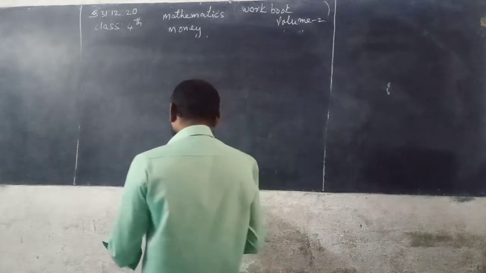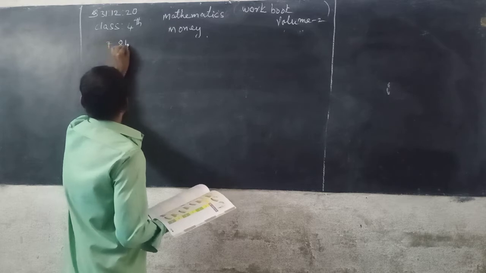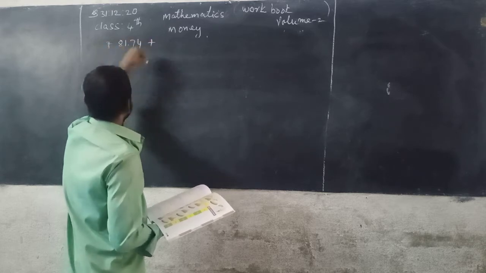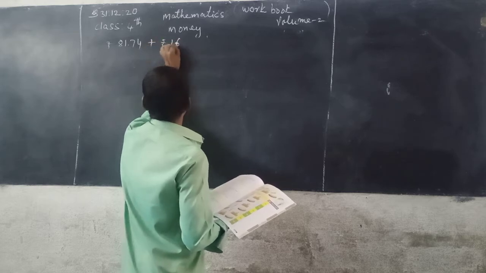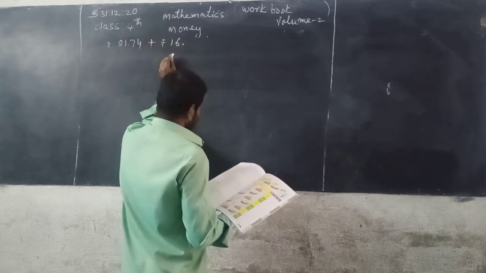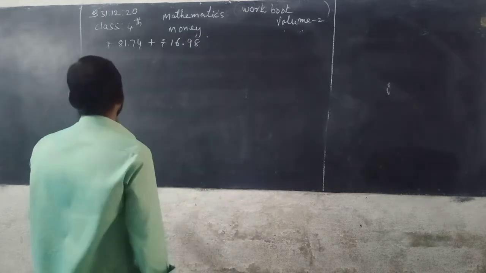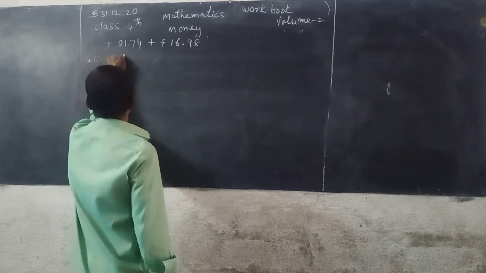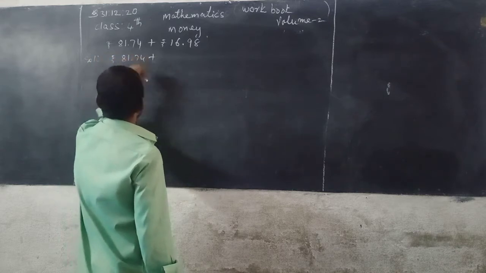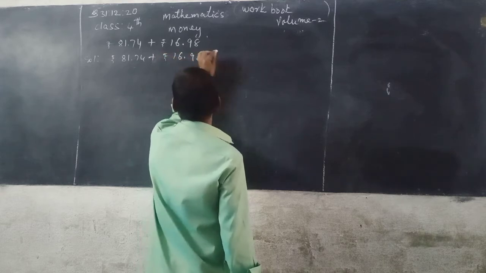Now next one, beta. See here, beta. 81 rupees 74 paise plus 16 rupees 98 paise.